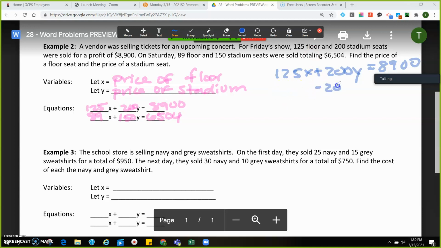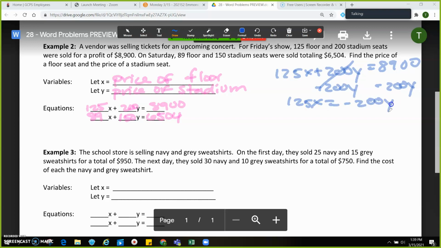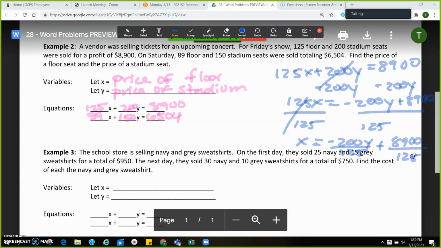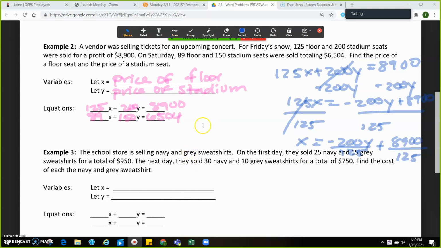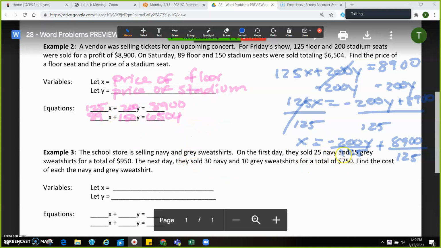So I'm going to subtract 200y. And so that's going to give me 125x equals negative 200y plus 8,900, divided by 125. And so x is going to equal negative 200y divided by 125 plus 8,900 divided by 125. Okay. So now what we're going to do is we're going to take this and plug it into the other equation.